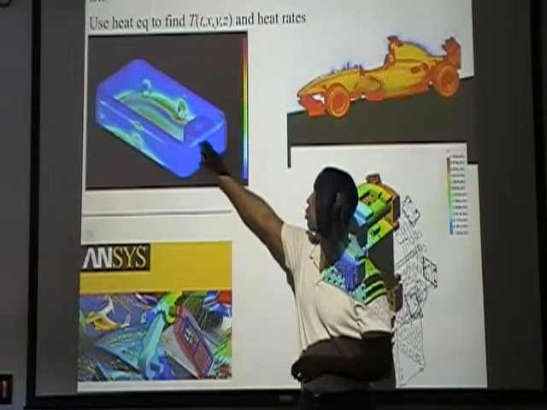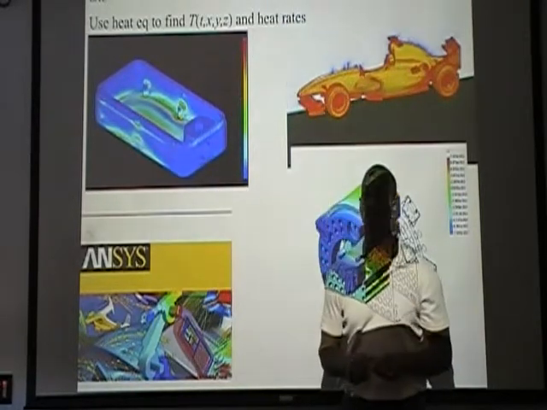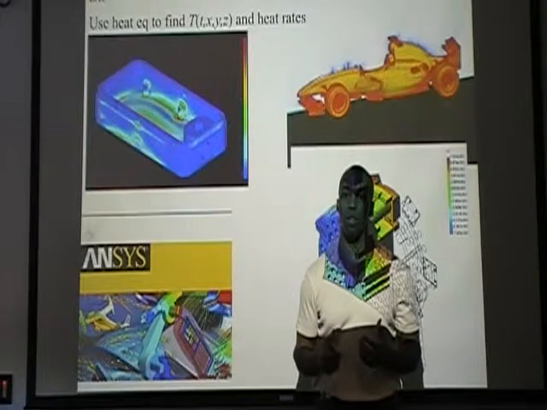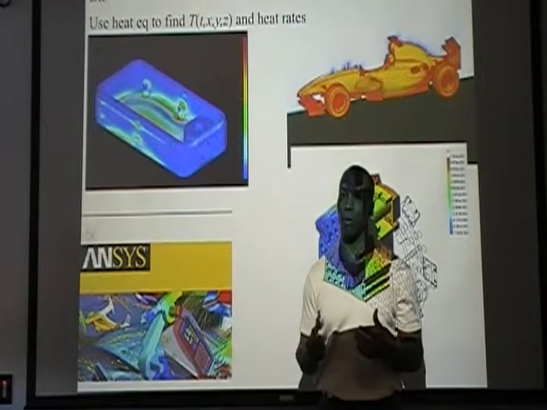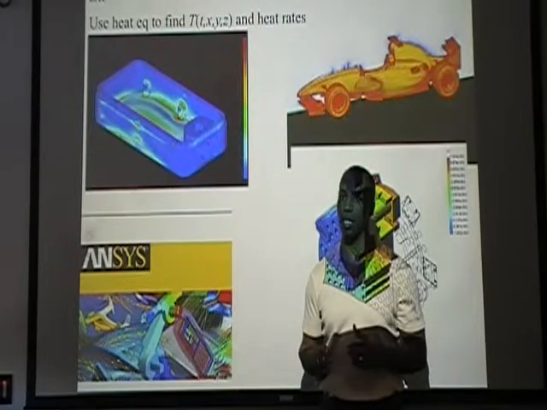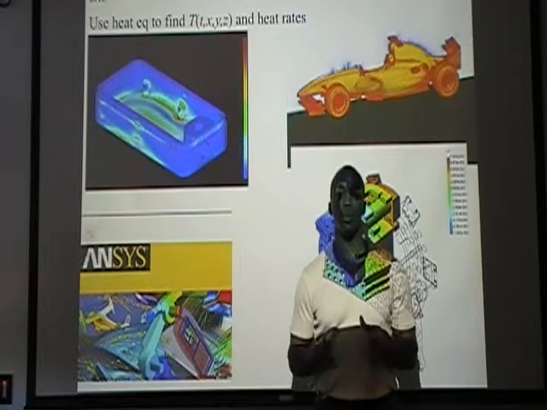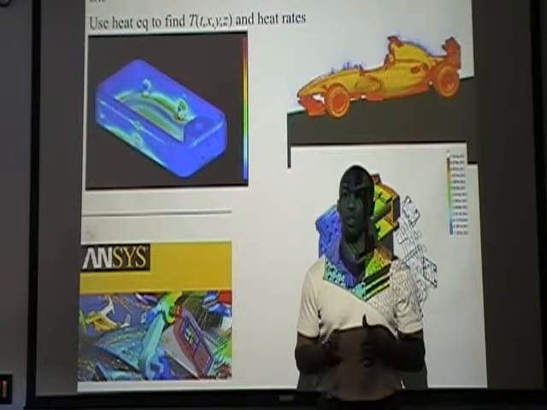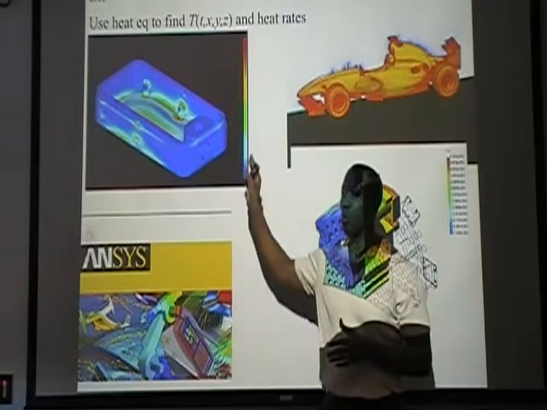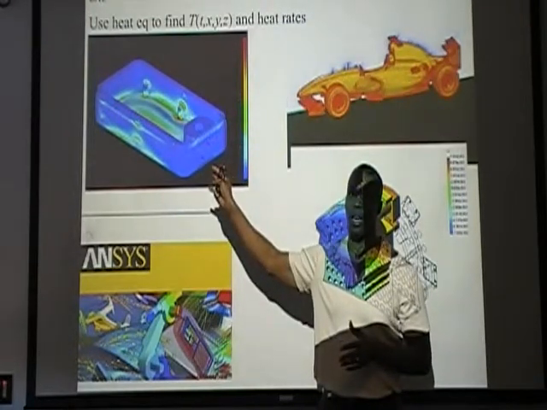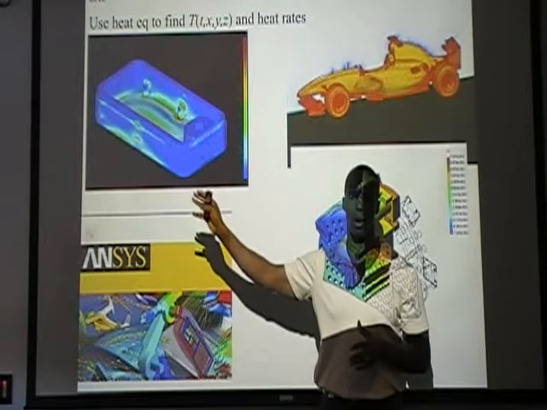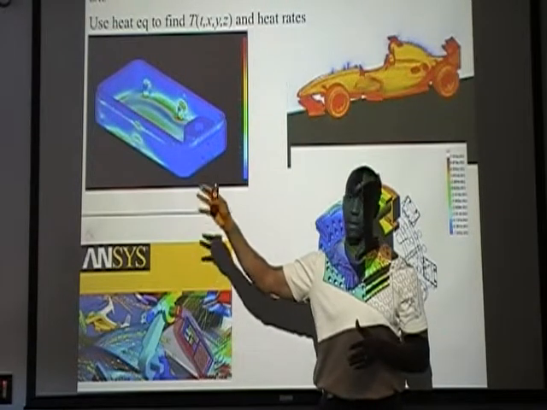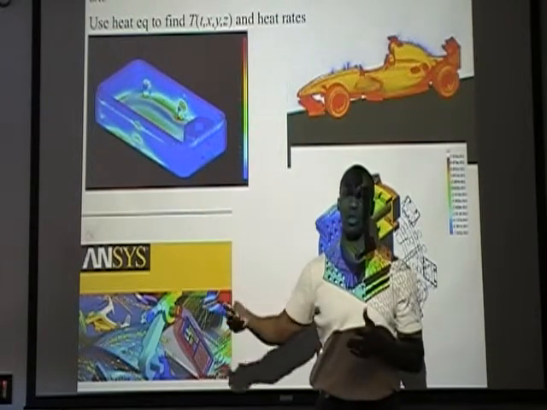So we'll talk a little bit more about numerical methods to solve complicated heat transfer problems like this as we progress. But right now we're going to deal with what we can do easily by hand. And what we can do is we can work with the heat equation in reduced dimensional space, one, sometimes two-dimensional, and get analytical solutions.